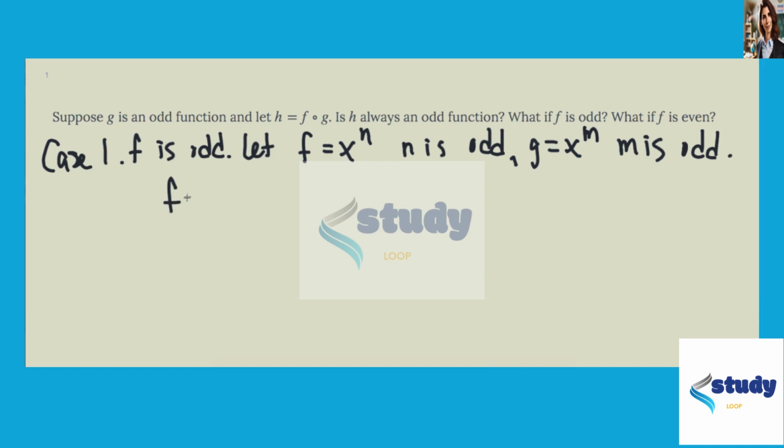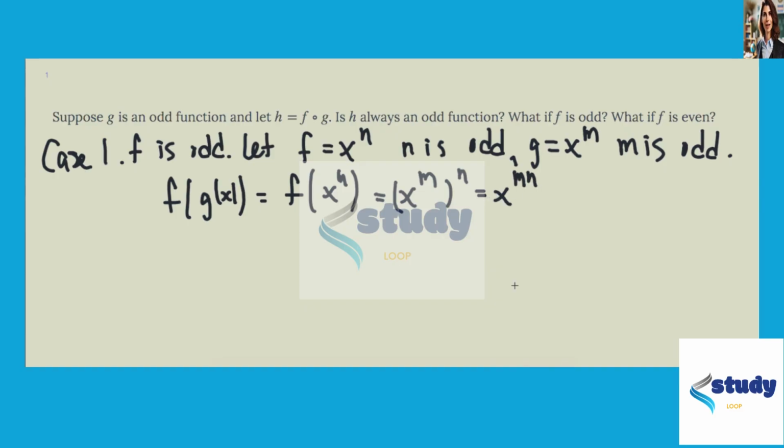So f composed with g is going to be f of x to the m, where m is odd, and now this composition will be x to the m to the power n, and using laws of exponents we have x to the m times n.